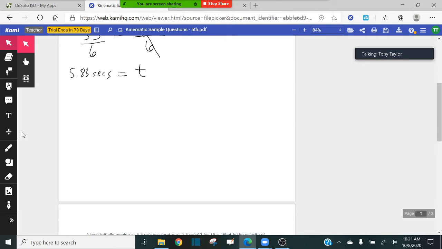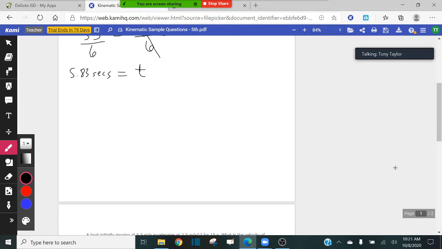So I'm going to come down to the bottom here, and then I'm going to write this out. Remember, this equation says an object's final position is equal to its initial position, where this little symbol right here always represents initial conditions.